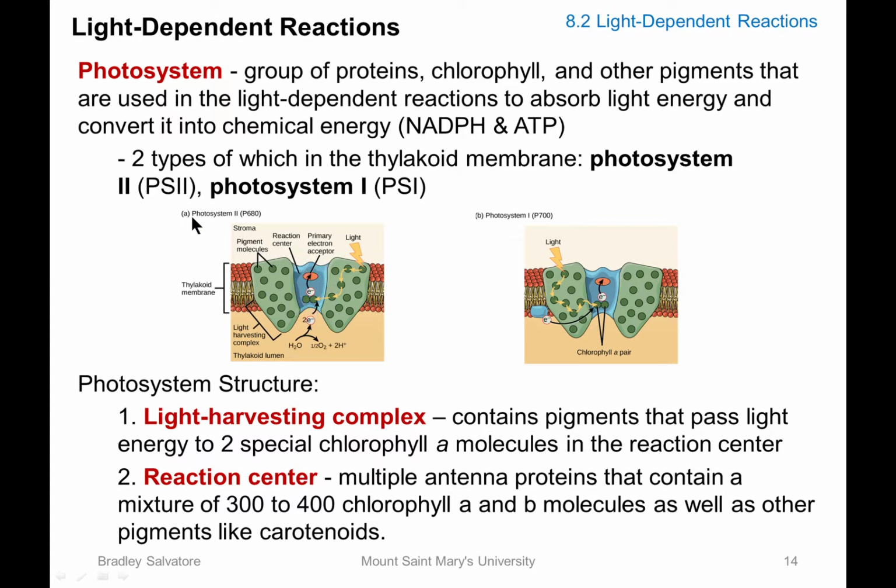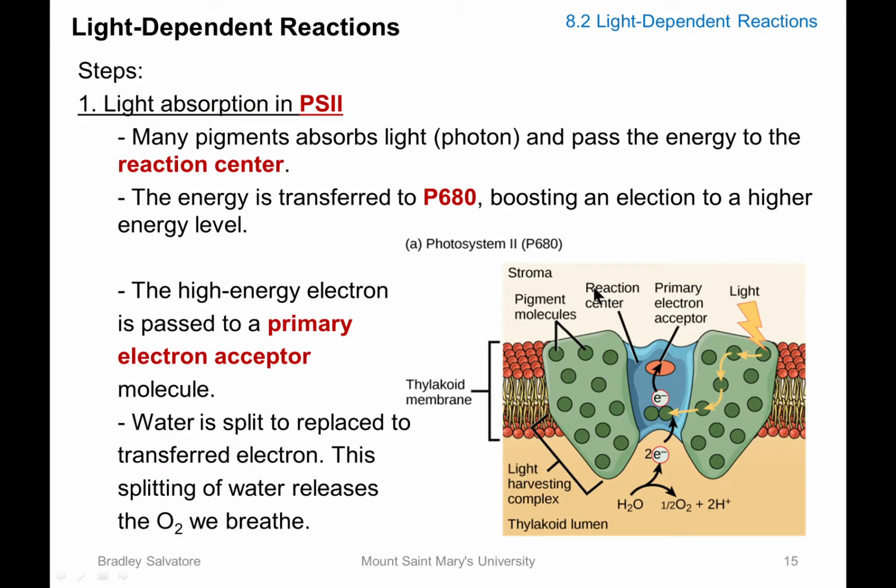Within photosystem 2, our reaction center has the P680, and within photosystem 1, we have the P700. You will see that more in a little bit. As you can see here, this is a chlorophyll a pair. These are special chlorophylls that acquire enough energy to excite that electron.